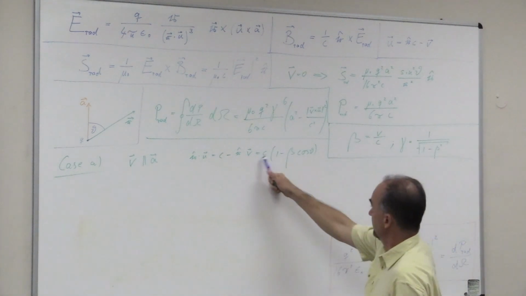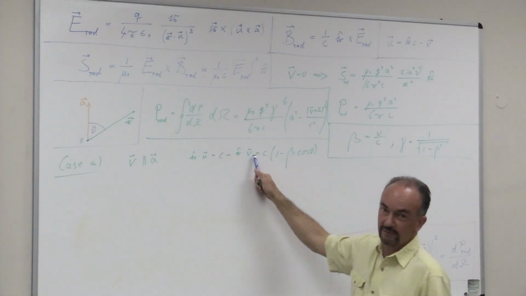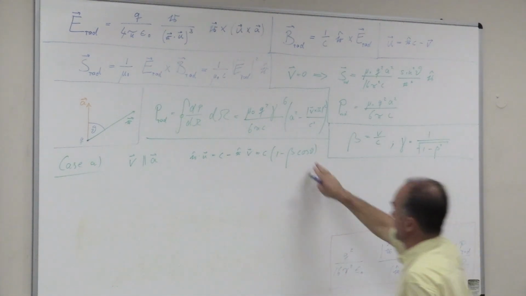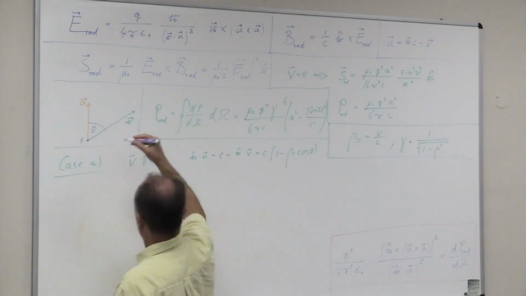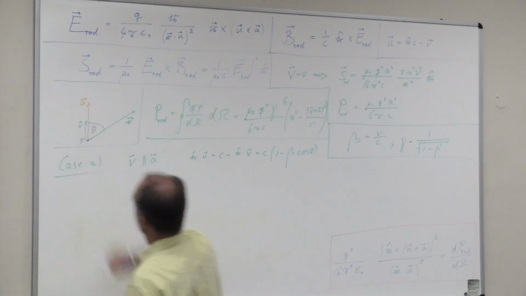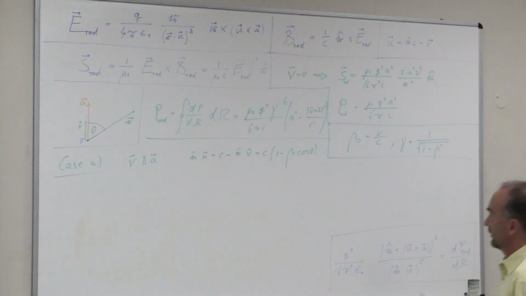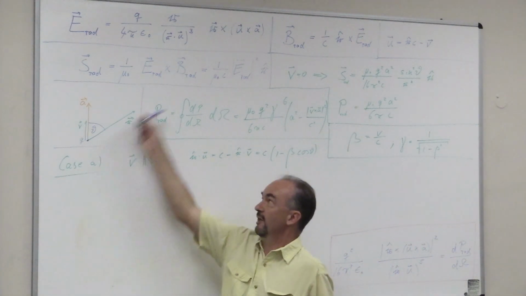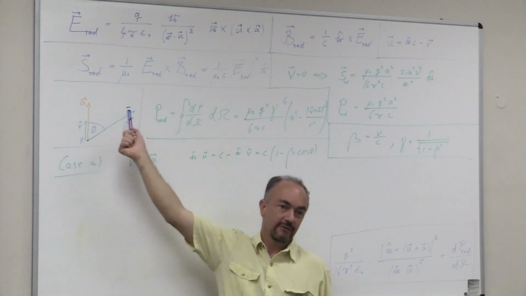Because c times beta is v, the velocity, and the cosine theta is the angle between us and the velocity.